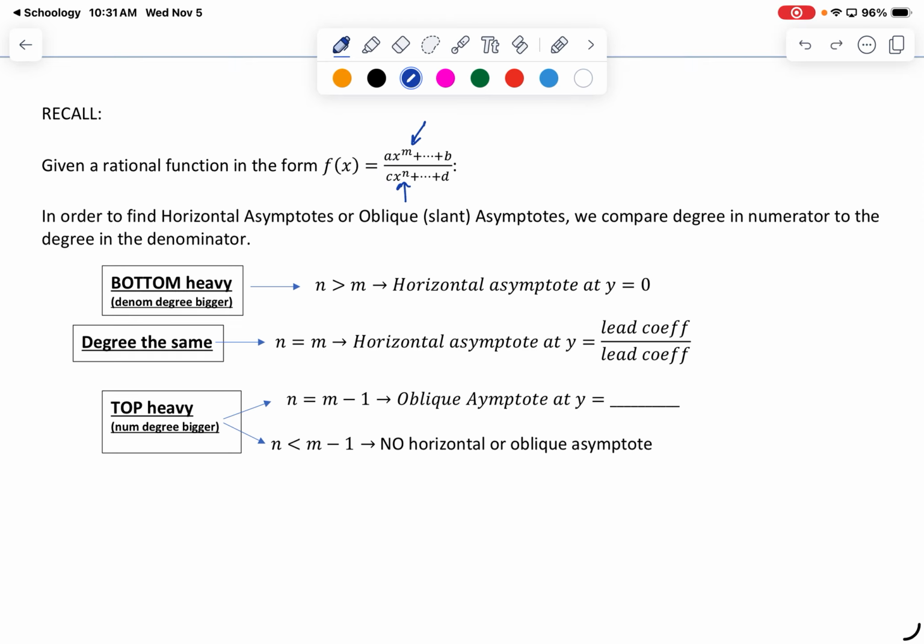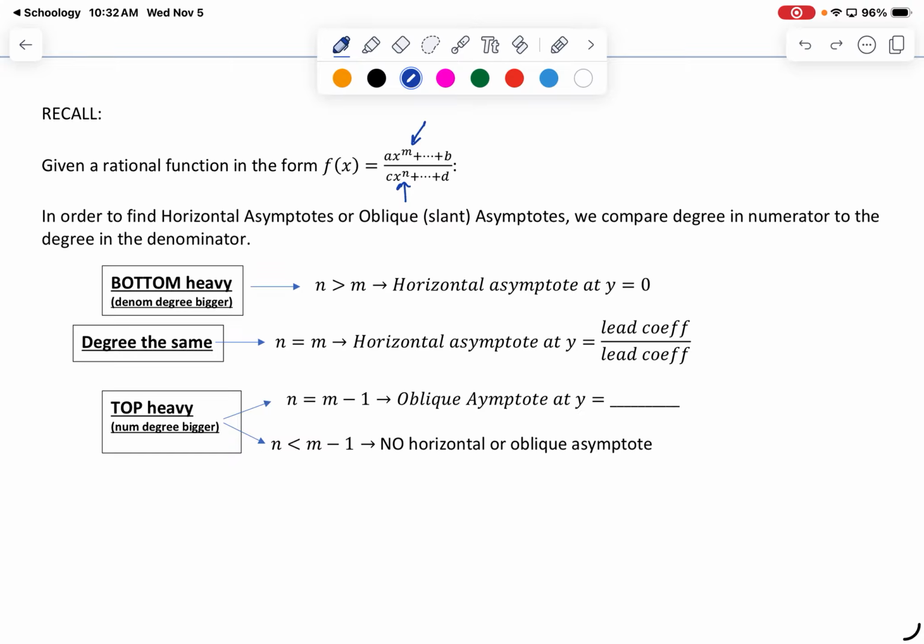And then if it's top heavy, or if the degree in the numerator is bigger, there's no horizontal asymptote. So what that means instead is that there's an oblique asymptote. The oblique asymptote is going to be a line, a slanted line, y equals something, right?